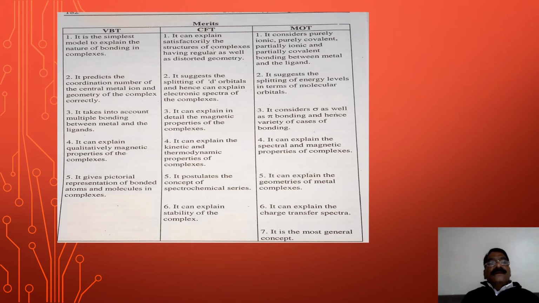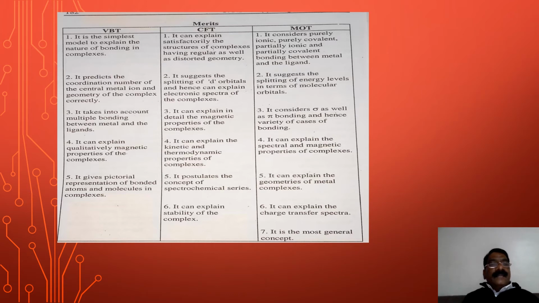Now we compare the merits of these theories. First, merits of the VBT. It is the simplest model to explain the nature of bonding in complexes. Second, it predicts the coordination number of the central metal ion and geometry of the complex correctly.